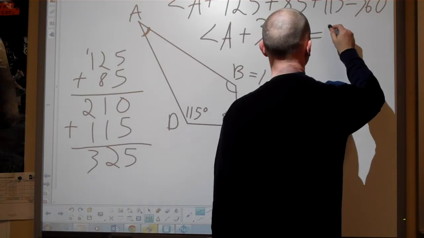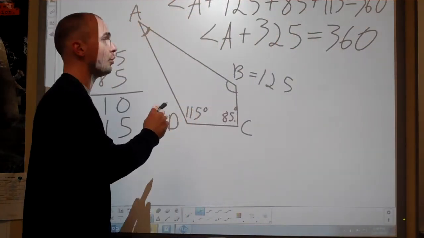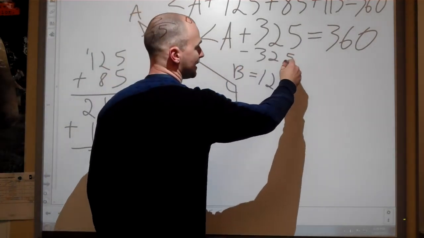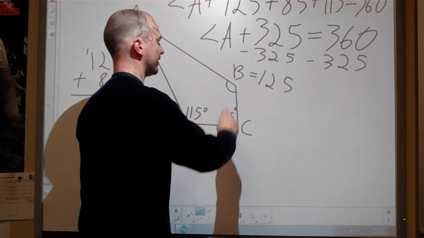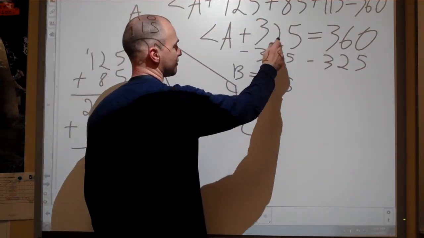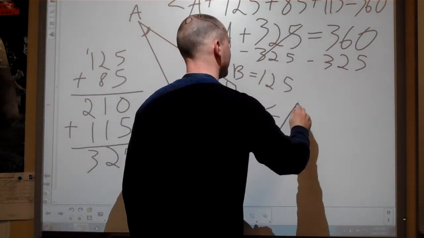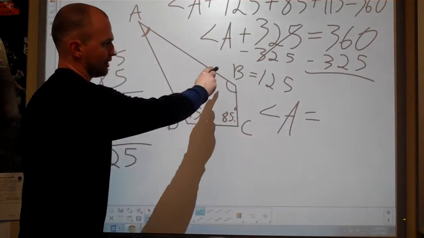So I have angle A plus 325 equals 360 degrees. So, to get angle A alone, I subtract 325 from this side. I must also subtract 325 from this side. Angle A plus 325 minus 325, they cancel out. So angle A equals 360 minus the sum of these other three angles.